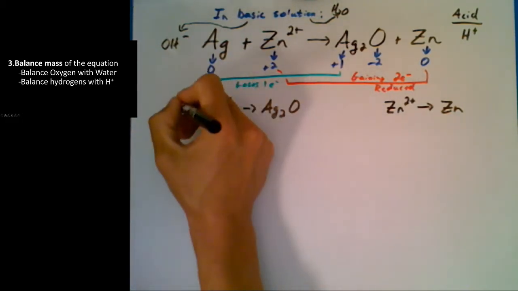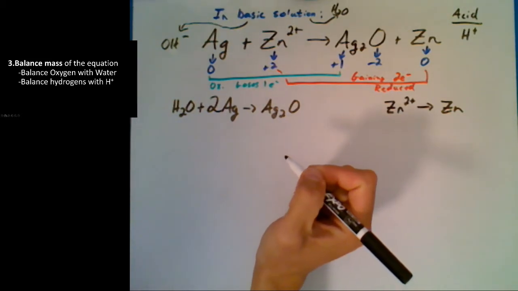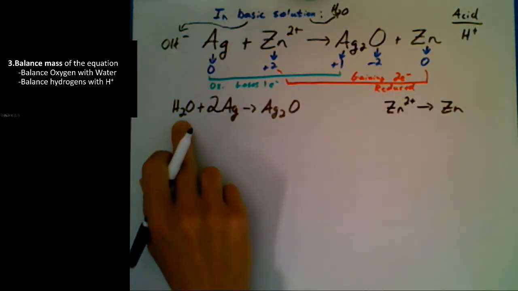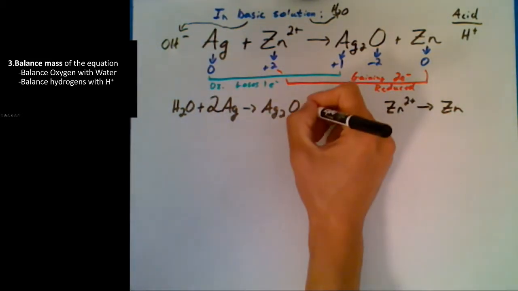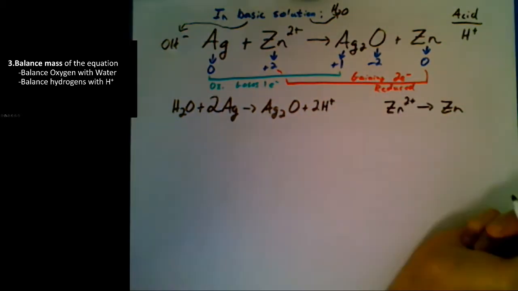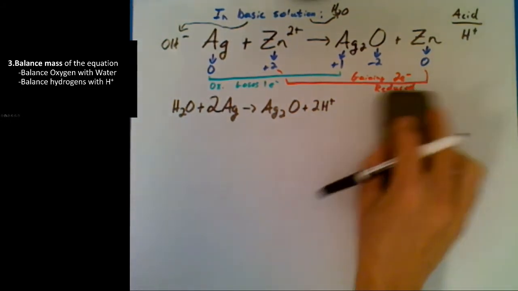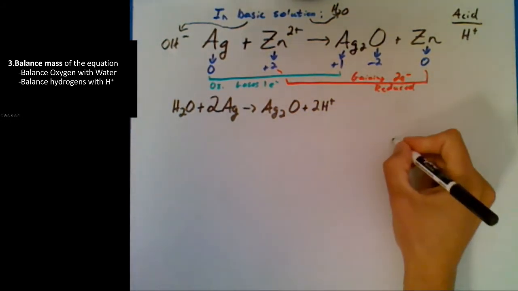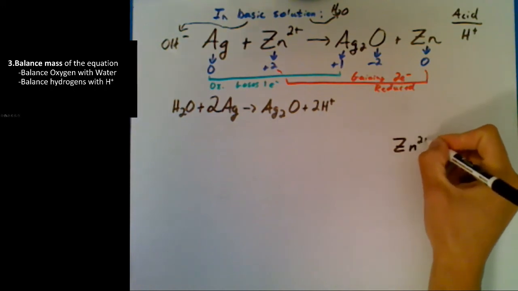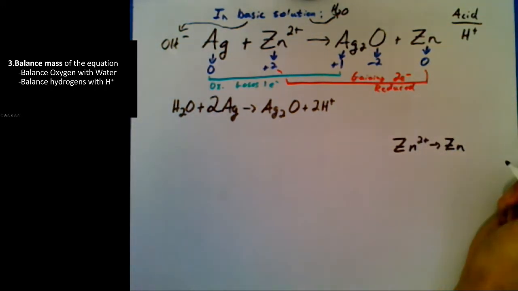So we have 1 oxygen, we need to add 1 H2O. And then we've added H's. So we're going to balance those H's by adding H+. Now, I'm just going to move this zinc down because I'm going to need a lot of space for this one. It's a pretty short one to balance anyway.